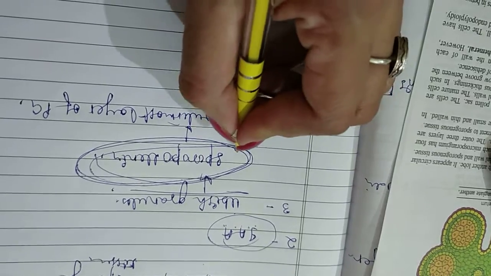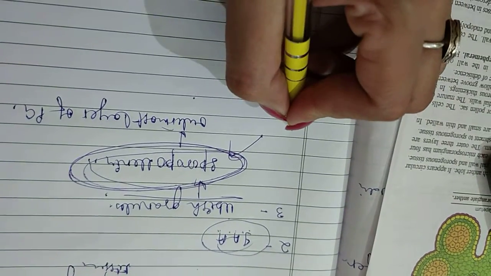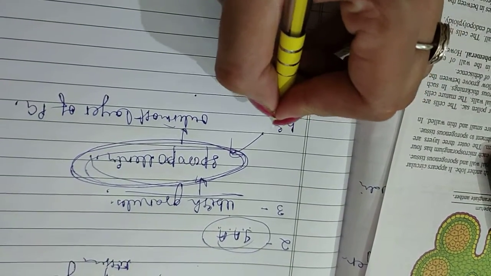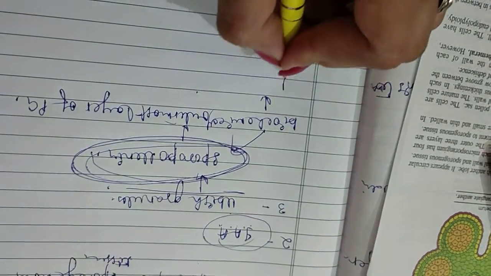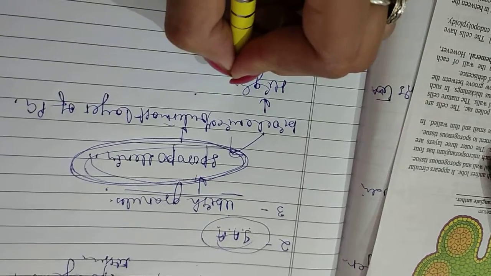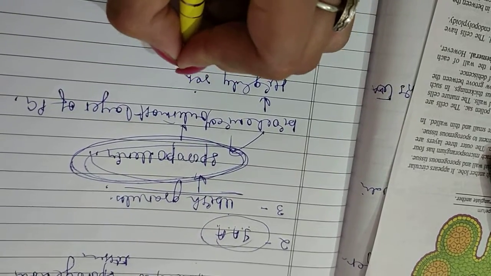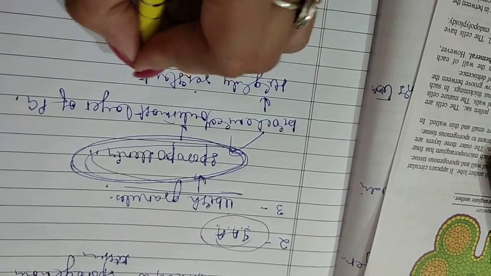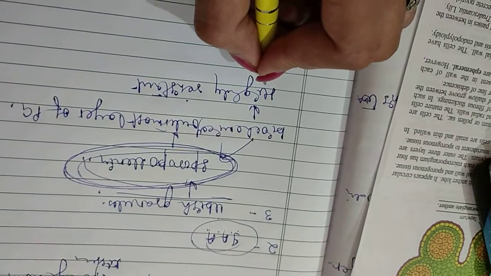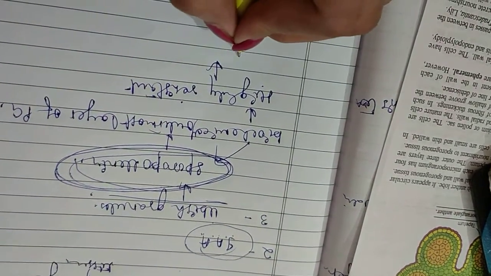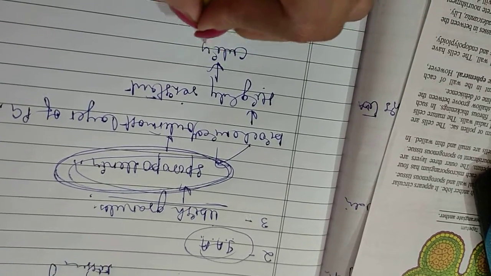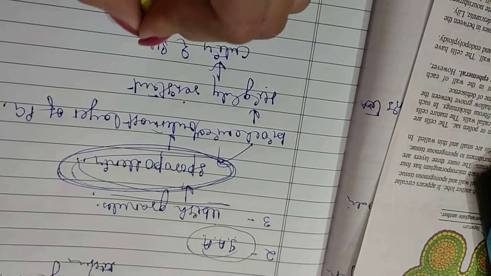What is this sporopollenin? It is a biochemical which is highly resistant, and that biochemical is related to the group of cutin and suberin.